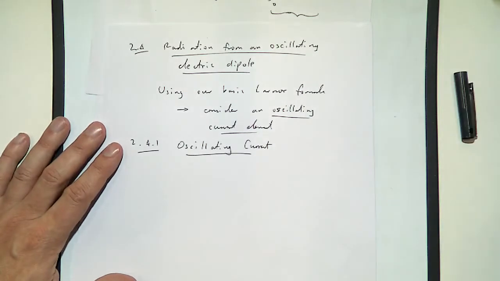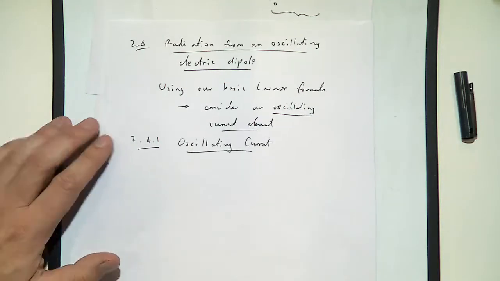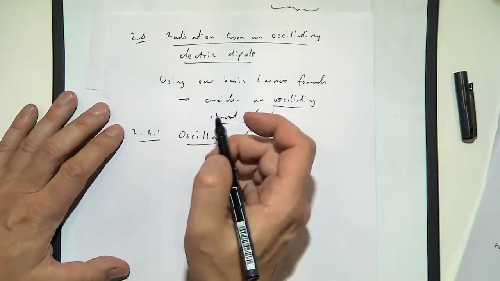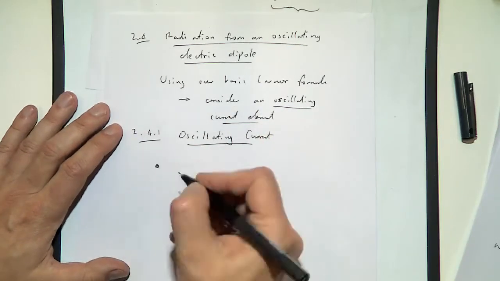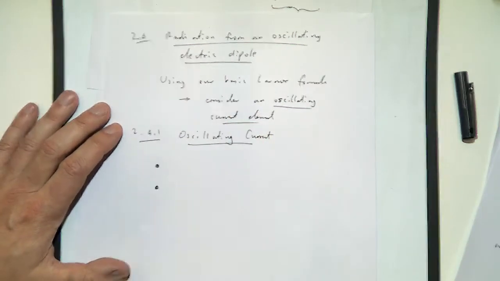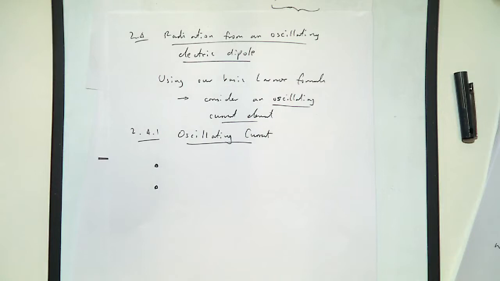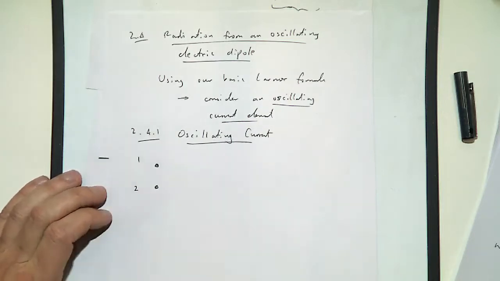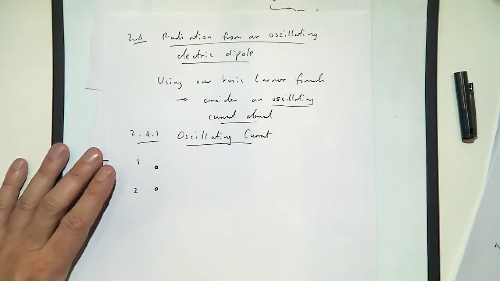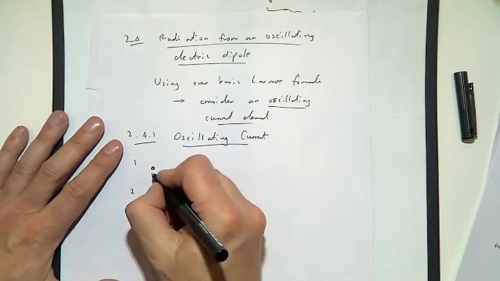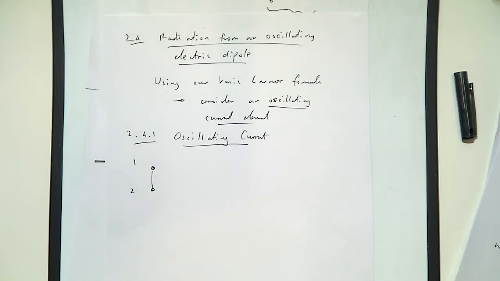This will illustrate the magnetic field analog of what we just did for the electric field. So imagine two locations. I'm going to label them 1 and 2. And I imagine a current flowing between them, which is varying. So clearly the charge is rising and falling on each point 1 and 2. So there must be an oscillating dipole.